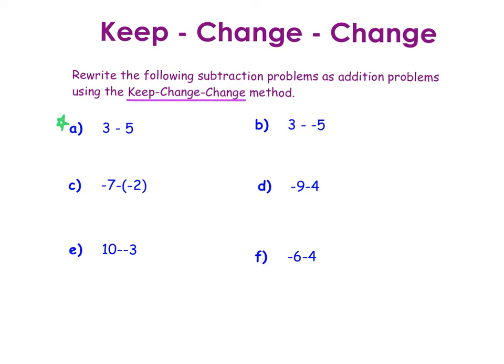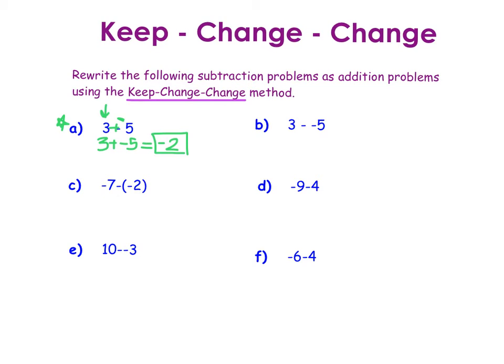We have 3 minus 5. We're going to use keep, change, change to turn that into addition. We keep the sign of the first, change the subtraction to addition, and change the sign of the second number. So this really becomes 3 plus negative 5. And 3 plus negative 5 is equal to negative 2.